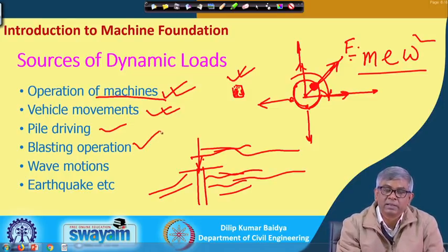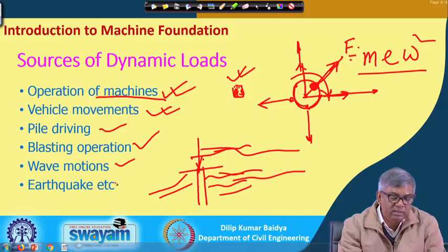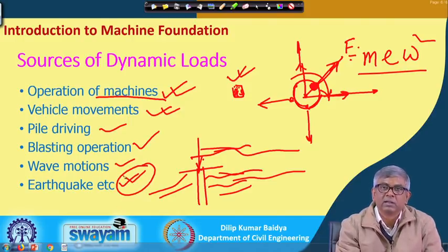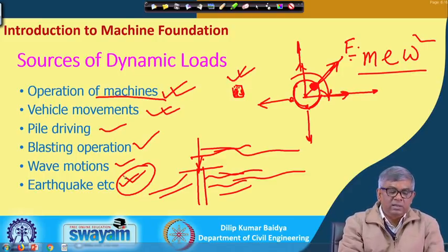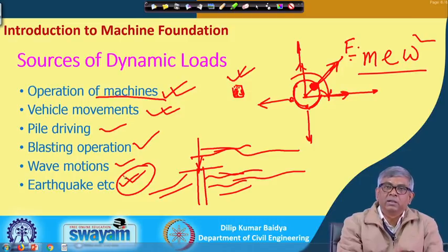Blasting operations in mining create wave motion, and then earthquake. That is another most important thing for civil engineers: earthquake loading. During an earthquake, a lot of different types of waves are generated, and these waves carry energy, and when they come to the surface, a lot of disturbance occurs. That has to be modeled: how much force is there in a particular earthquake, how much force to be taken.